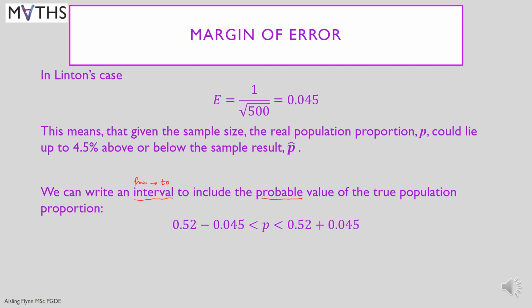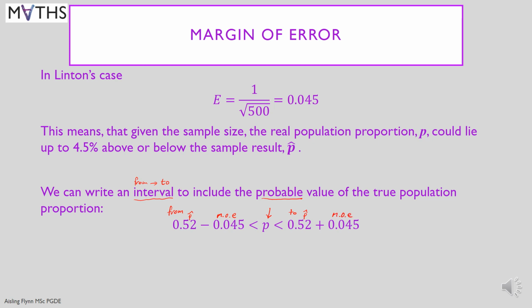So what are we saying here? This is our interval. We're saying from this value, this 0.52 that came from the sample, 52%, we take away our margin of error, which was the 4.5%, and then our true population proportion P should lie between that, to the value you get when you add the margin of error onto the sample proportion.